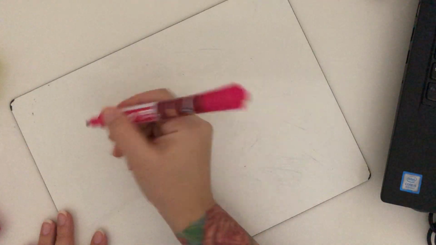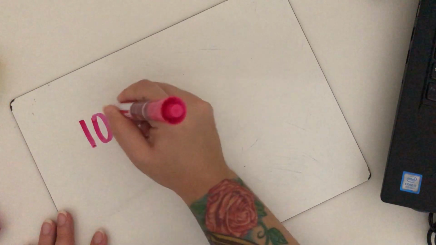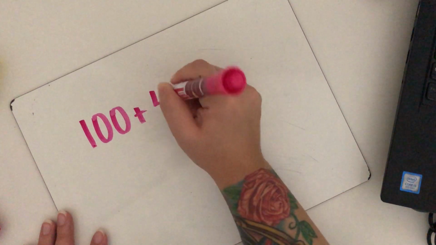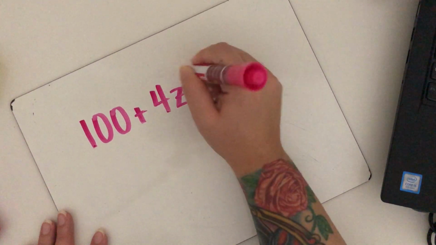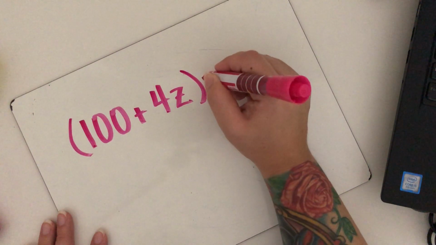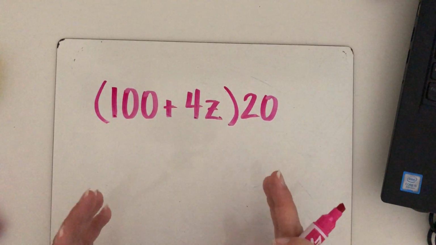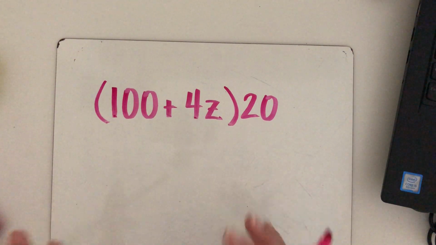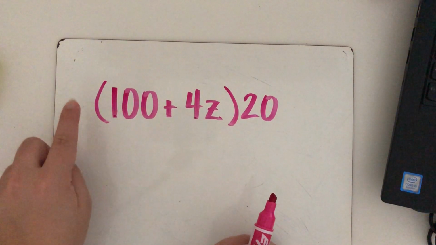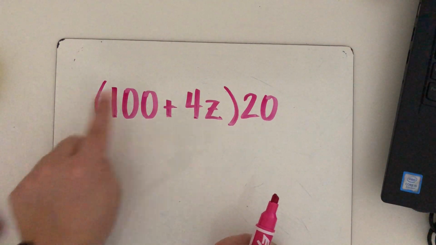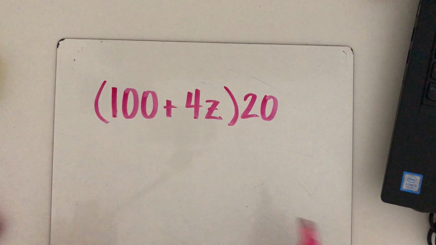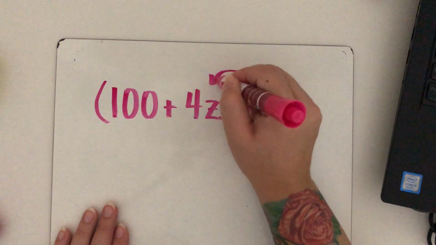Let's say I want to use the distributive property to simplify this. I have 100 plus 4z, times 20. This looks a little different because when we have the distributive property, we usually have a number on the left side of the parentheses, and then we distribute. It still works the same way, you're just taking it from the right side.